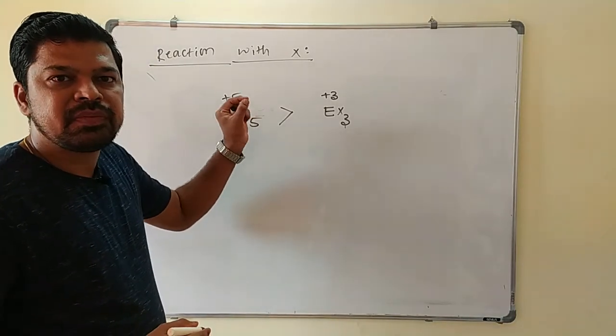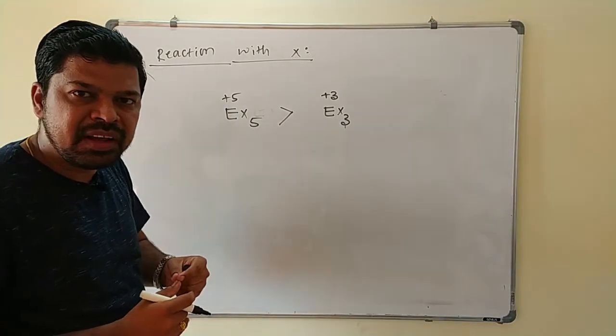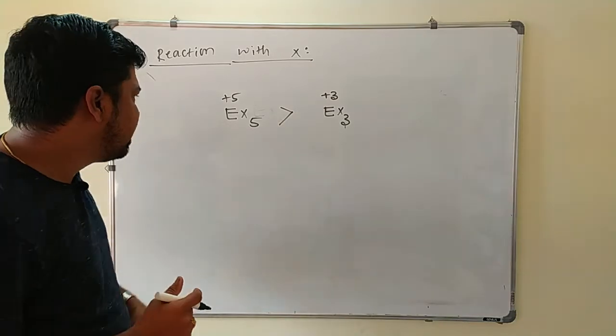Due to the increase in the positive charge on the cation, its size decreases, its polarizing power increases, hence covalent character increases.